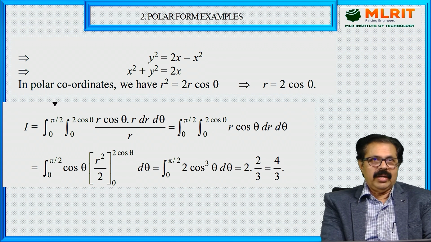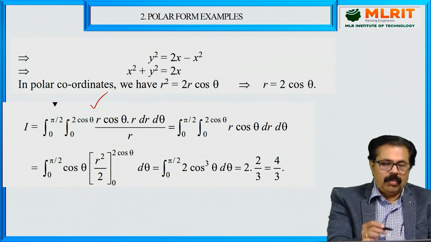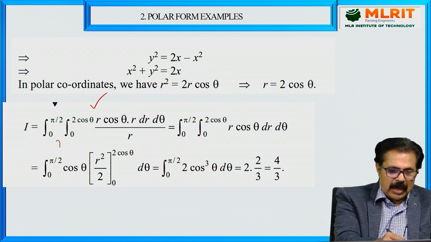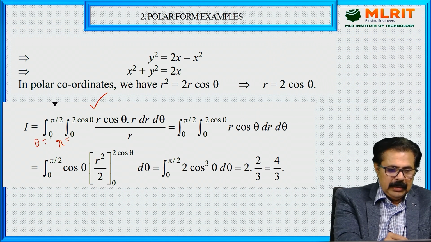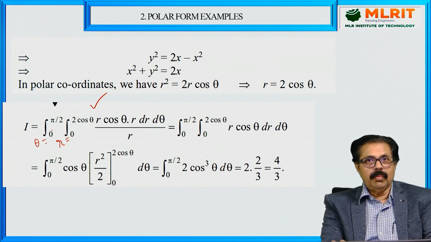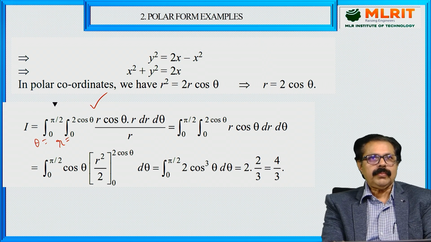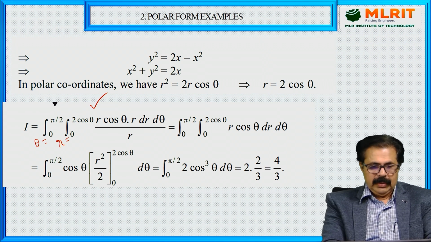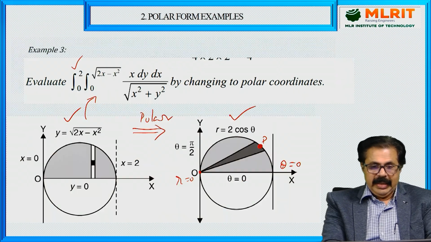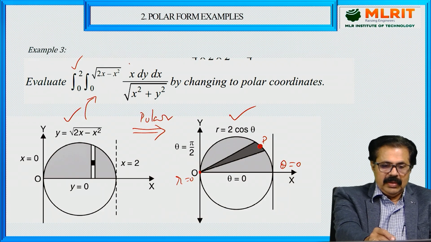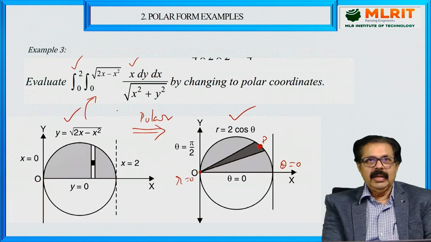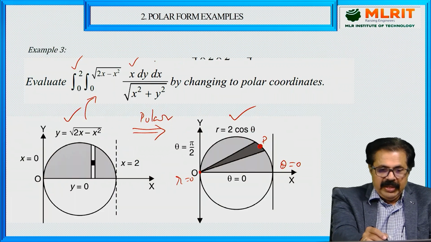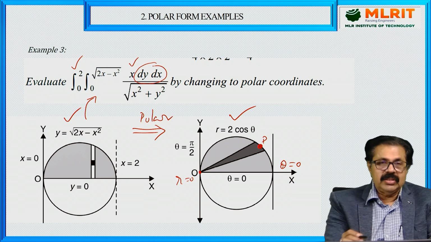So the given integral is converted into this form. What are the limits? r equal to 0 to 2 cos theta and theta equal to 0 to pi by 2. Next, try to convert the integrand. x is nothing but r cos theta. Next, dy dx is the area element.